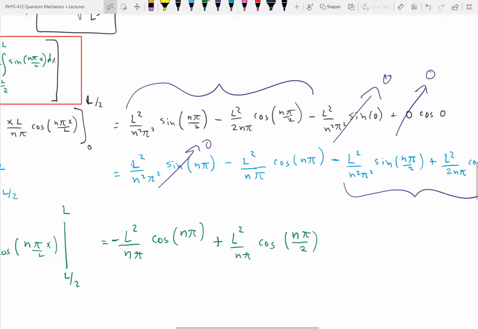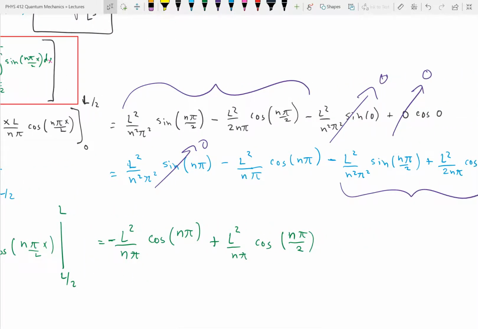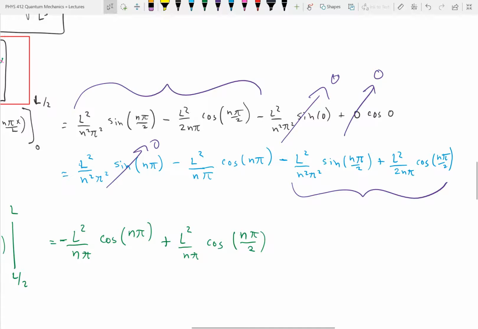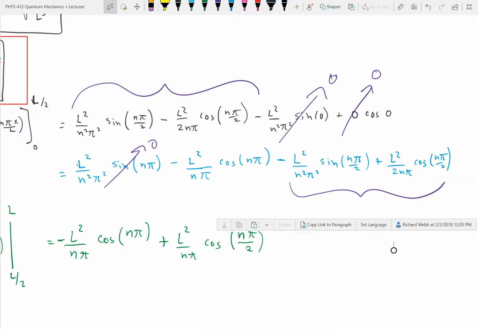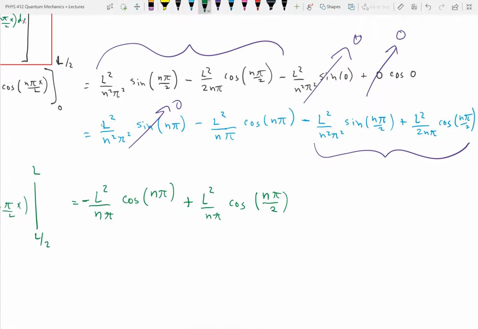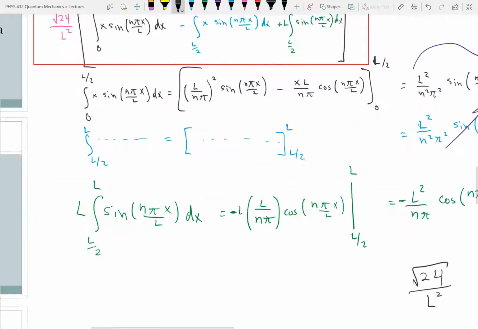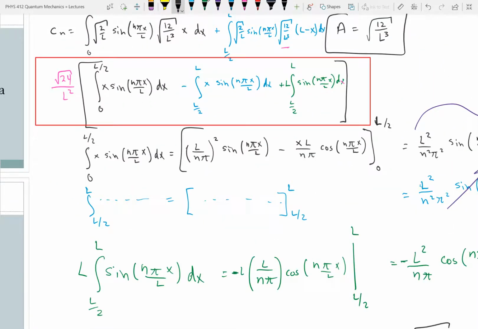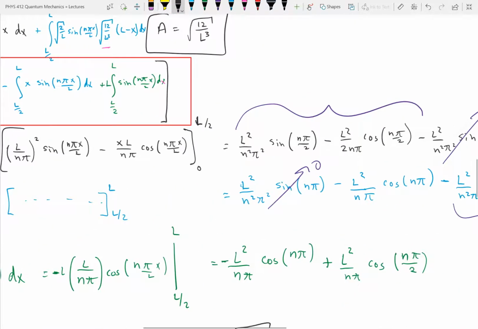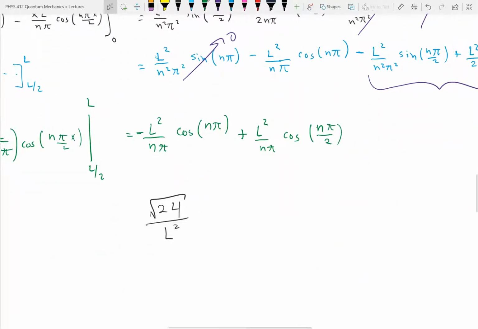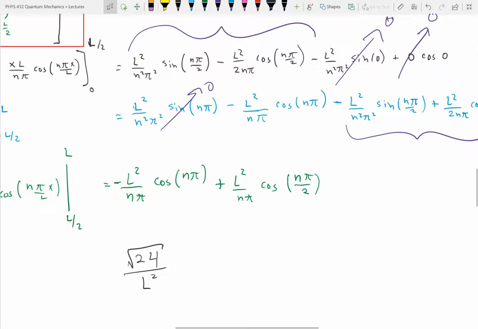So there we have all of the terms. Now we have to add all of these terms up, remembering that it is going to be square root of 24 divided by, was it L squared? Yes, the number there that's in magenta, times the first one minus the second one plus the third.